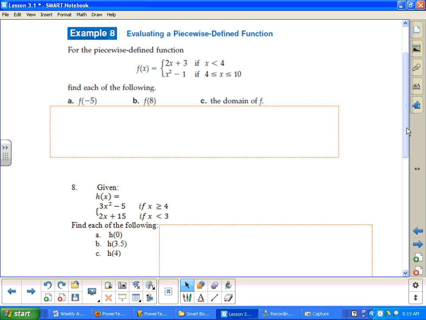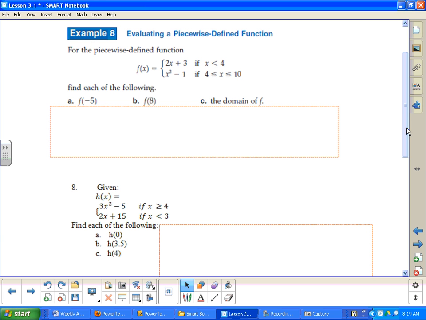So if a number is between those two, then I'm going to use x squared minus 1. If a number is greater than 10, then I don't have any solution for that because I don't have a function that represents that. And later on, we're not going to do this today, but later on, your calculator will actually graph piecewise functions too.